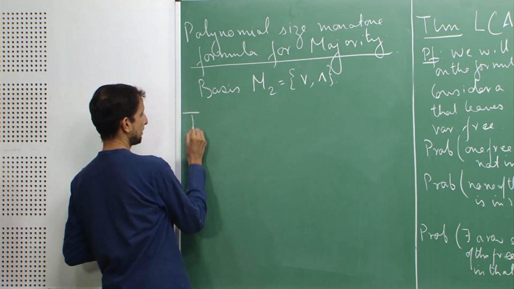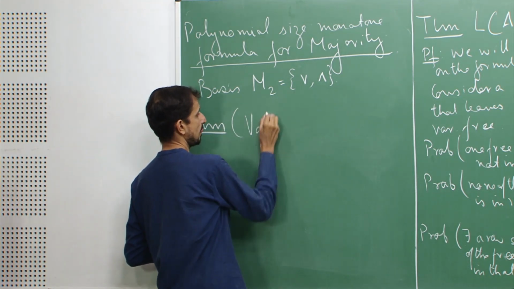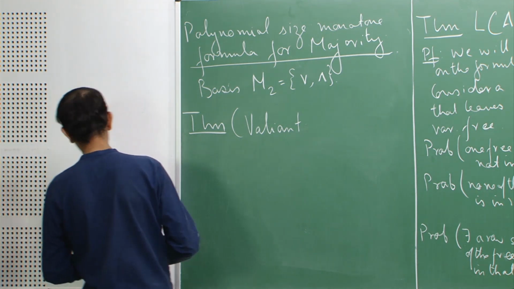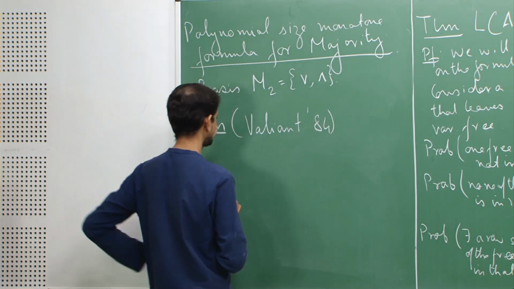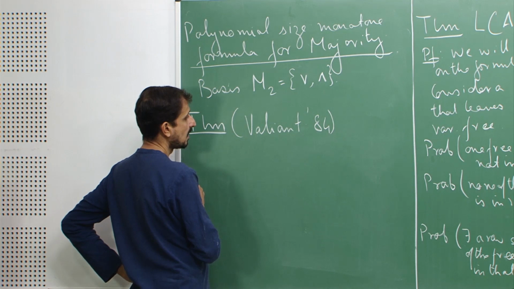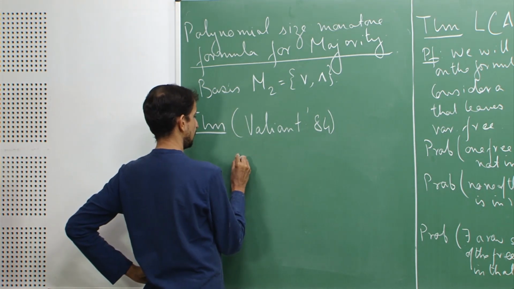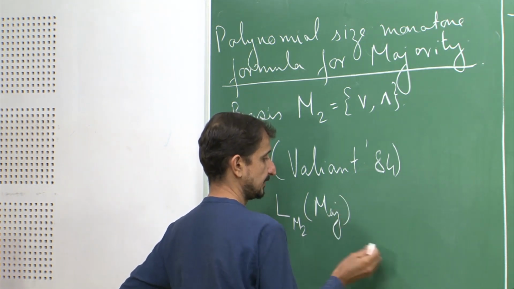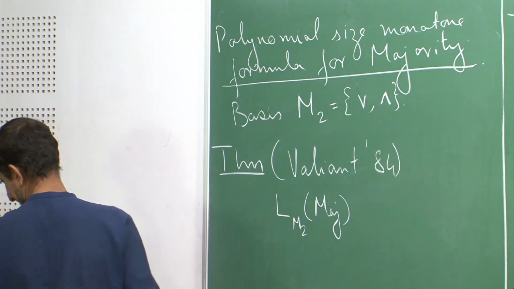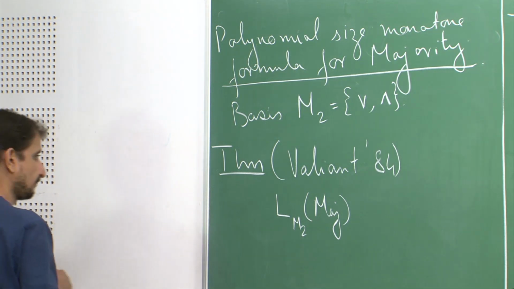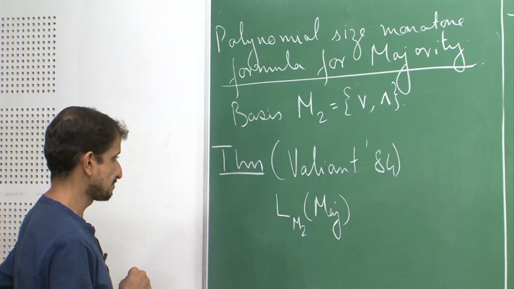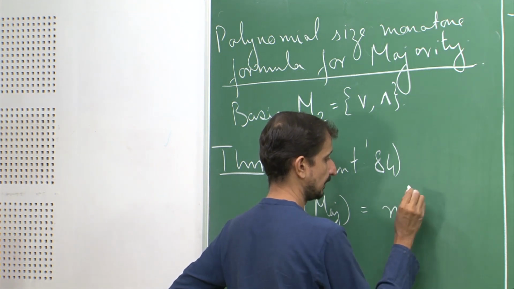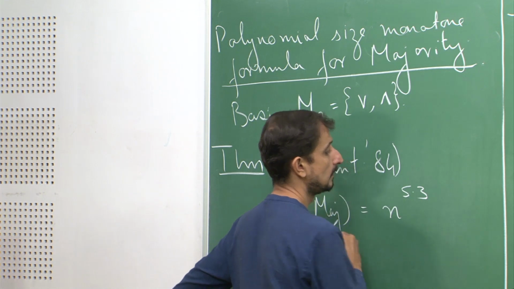So, what Valiant showed, and this is the theorem that we are going to prove, in 83, if I am not mistaken, or 84, I do not have the date here, is that the size of the formula over M2 for majority is order n to the power 5.3.